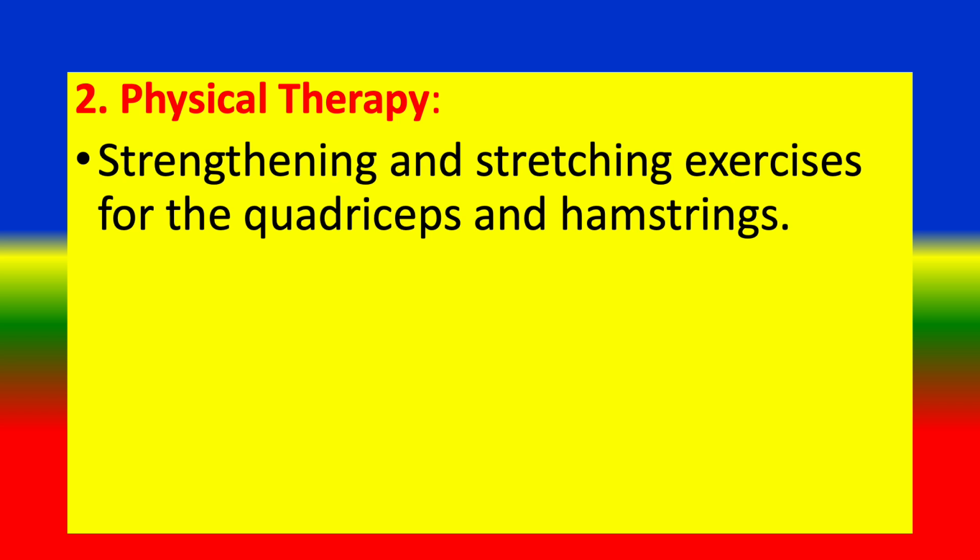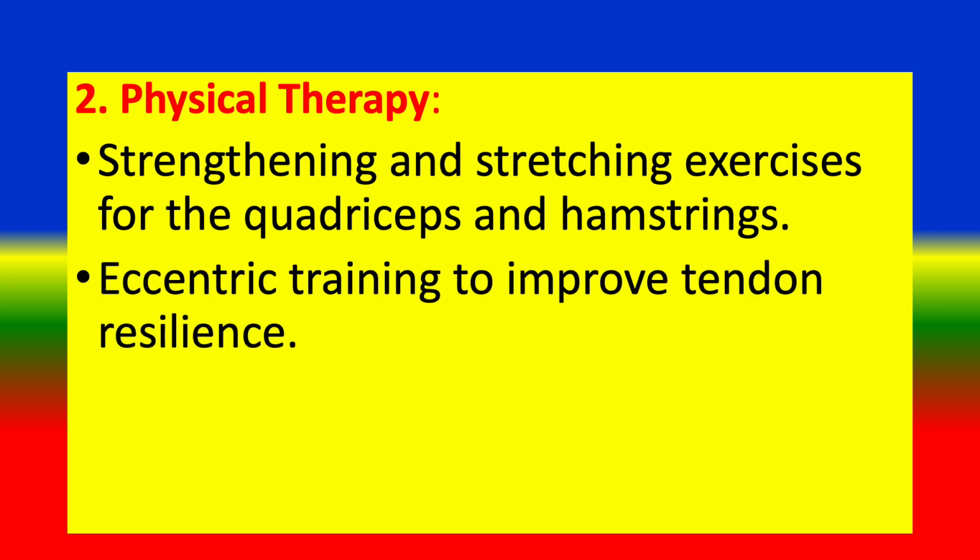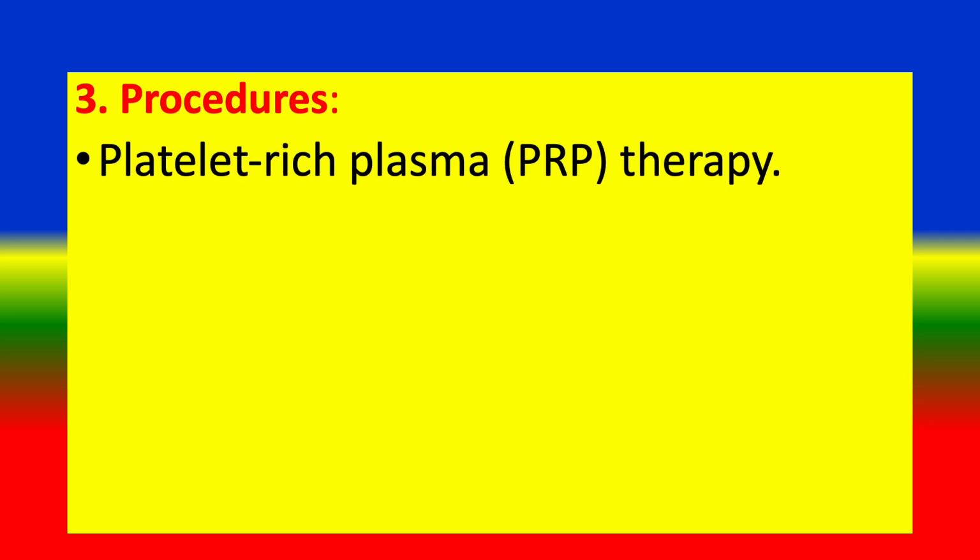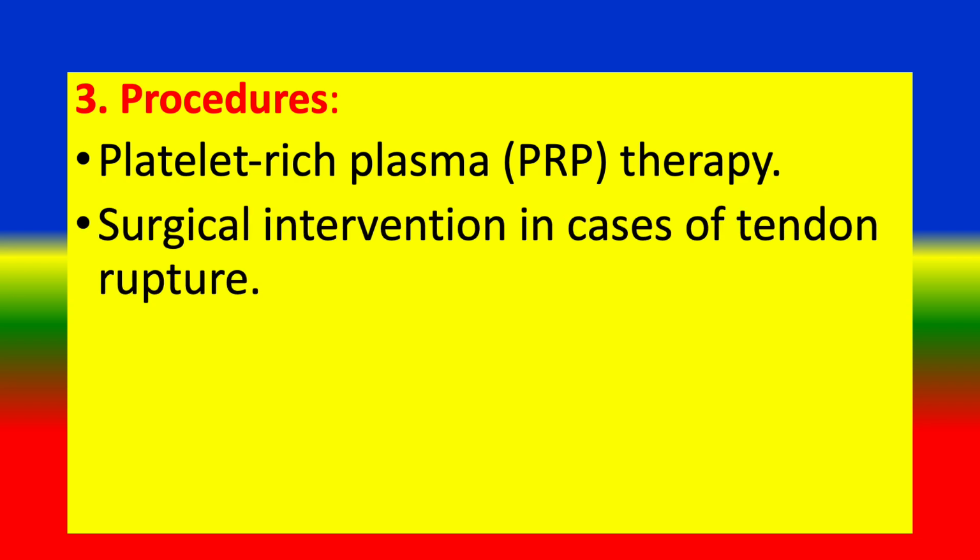Strengthening and stretching exercises for the quadriceps and hamstrings. Eccentric training to improve tendon resilience. 3. Procedures. Platelet-rich plasma therapy. Surgical intervention in cases of tendon rupture.